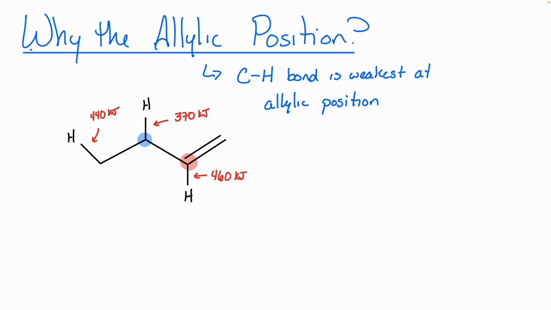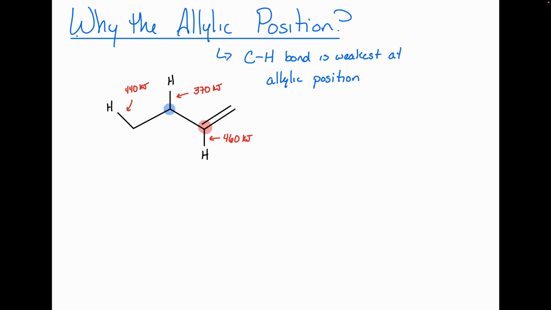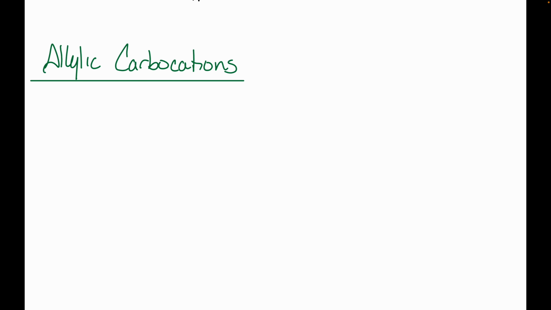So why is it the weakest at that allylic position? First, let's take a step back. We talked about allylic carbocations before, and these allylic carbocations are relatively stable compared to other carbocations. Why is that? When did we talk about the allylic carbocations?